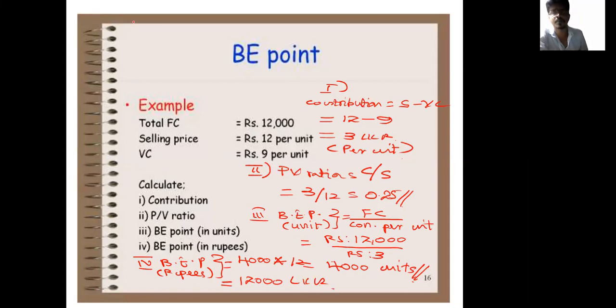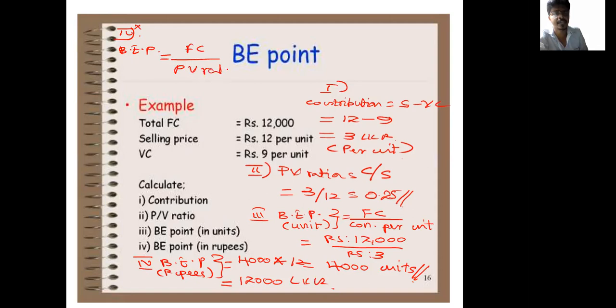Or otherwise, the second way, we can calculate break-even point in rupees as fixed cost divided by PV ratio.